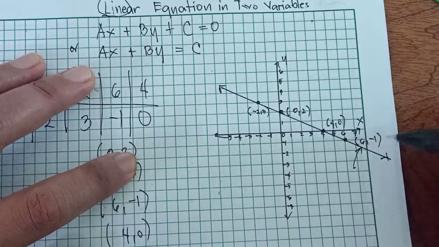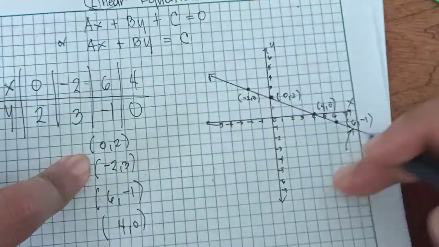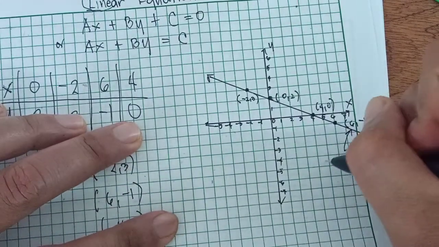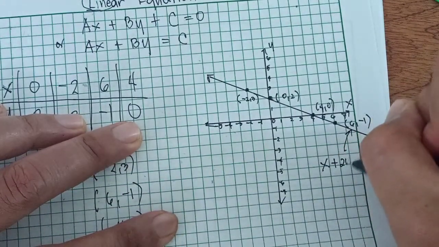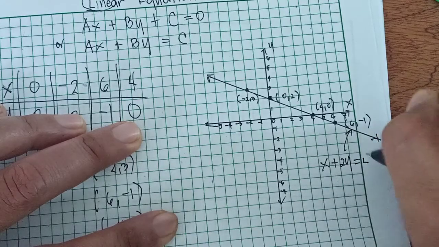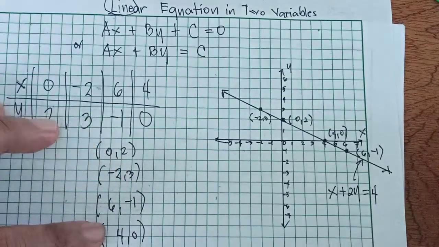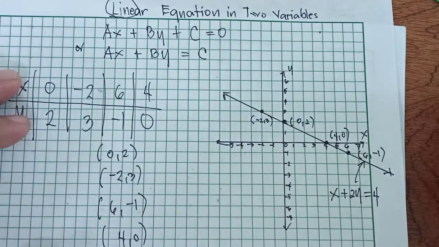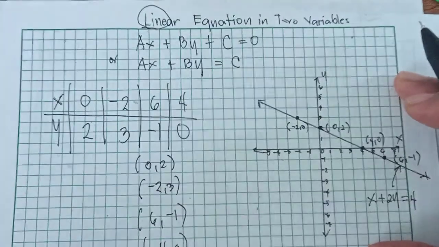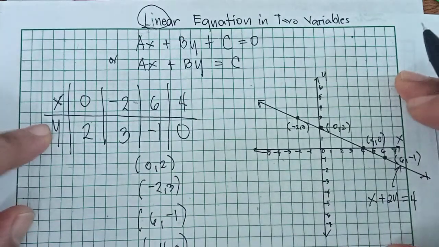And the name of our line is the name of our given equation, which is x plus 2y is equal to 4. So, that is how we solve a linear equation in two variables. The first thing we do is assign a table of values.